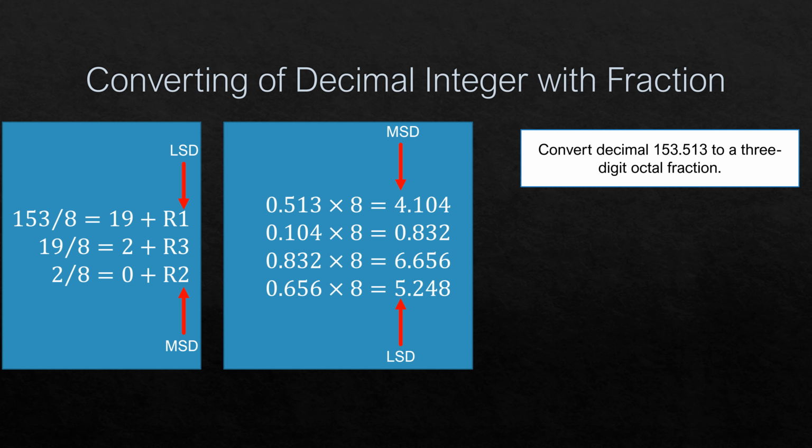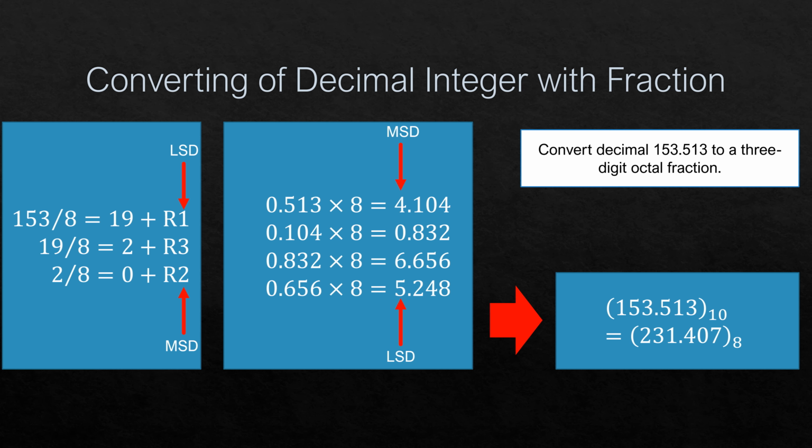And we are asked to go to 3 significant digits. So we will use our 4th digit, 5, to round up our 3rd digit, which is 6. So 153.513 decimal is equal to 231.407 octal.